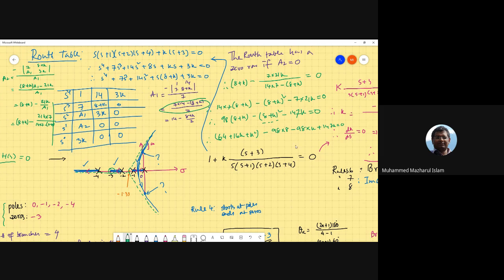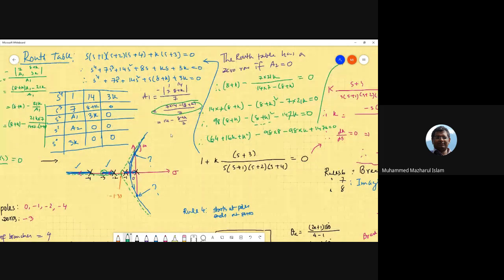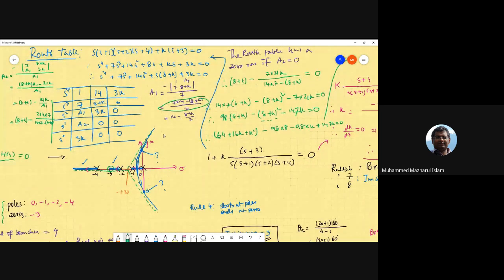ঠিক আছে? আচ্ছা, this is the gain value for which the imaginary axis is being crossed. If your even poles have imaginary poles, even poles will contain imaginary poles. তো দেখেন তো আমাদের A2 যদি 0 রো হয়, ঠিক আছে, let's mark it with a different color.